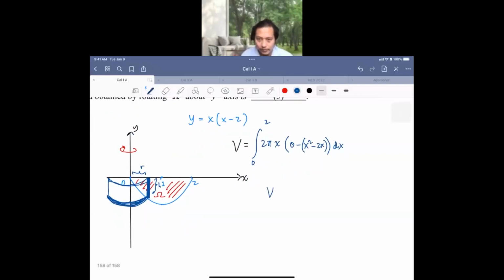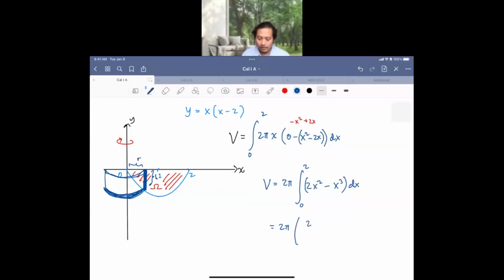And then volume is 2 pi integration of negative x squared plus 2x times x, so we will have 2x squared minus x cubed dx. And then 2 pi, we just take the integration.